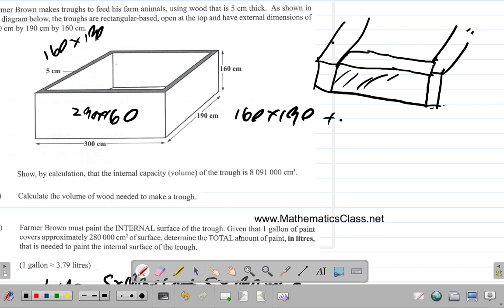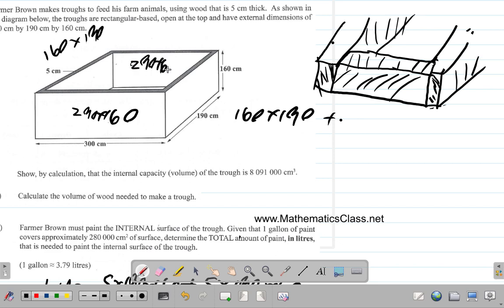So you have the board up front, and you have the side board here. Right? You put this between, so. All right. Now, 290 by 160. And this is back at 290 by 160.